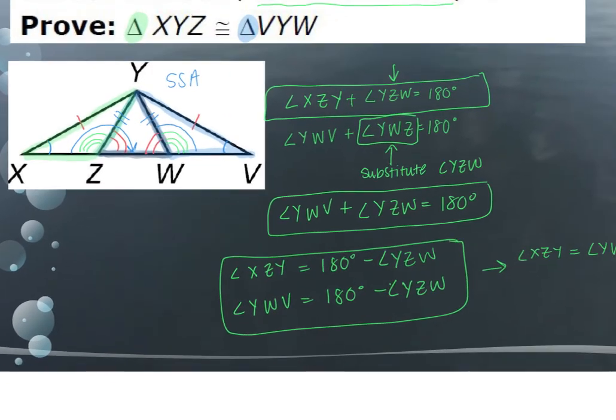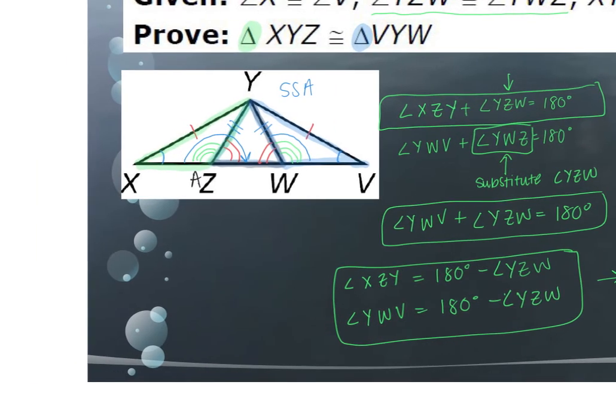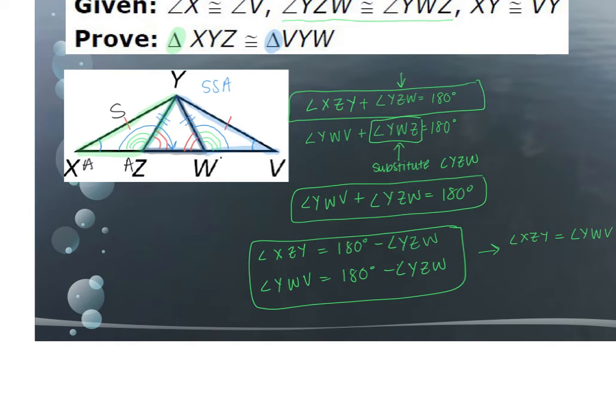If we know that these angles are congruent, right? So the ones that I put in green, we now have an angle, and a side. An angle, and a side. Was AAS one of our theorems?